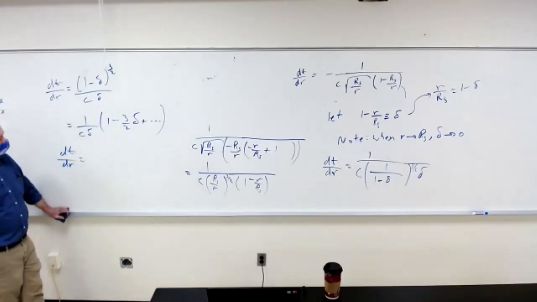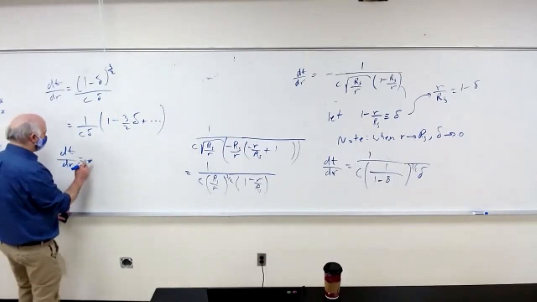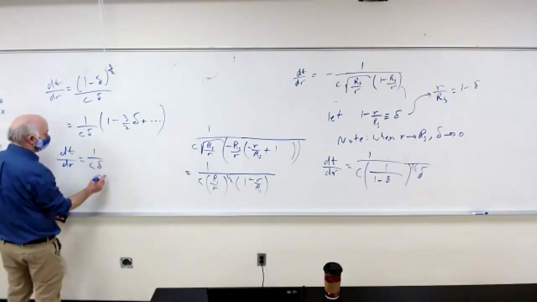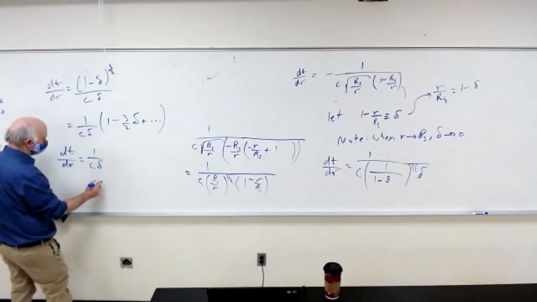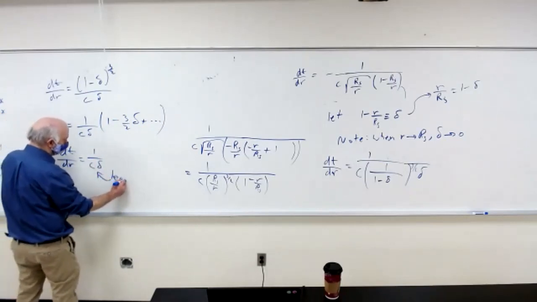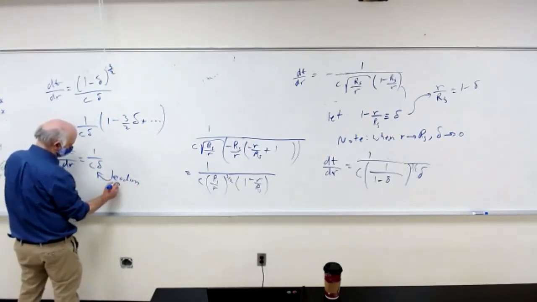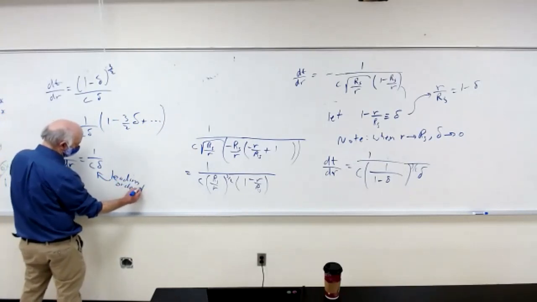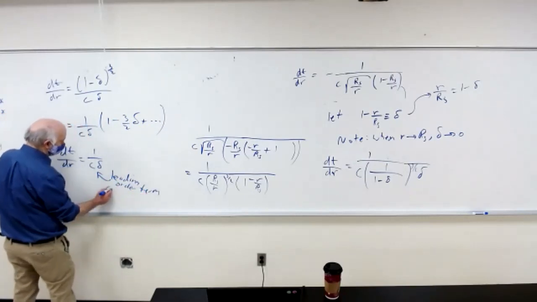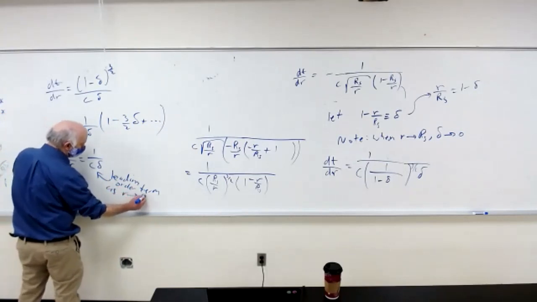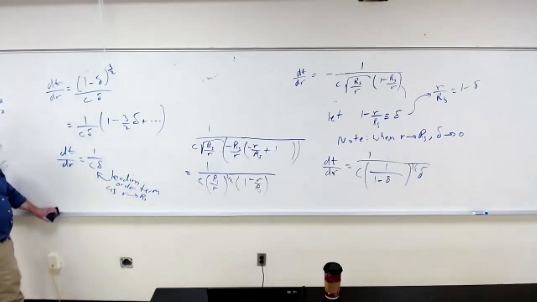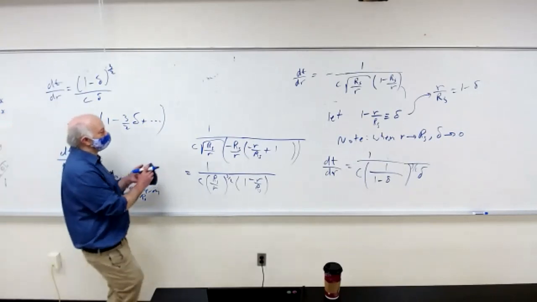The leading order term is 1 over delta, so this is 1 over C here. As R goes to RS, what is our friend delta?